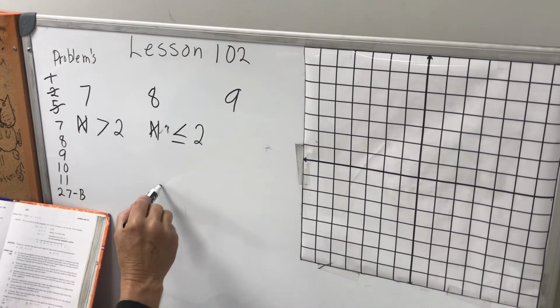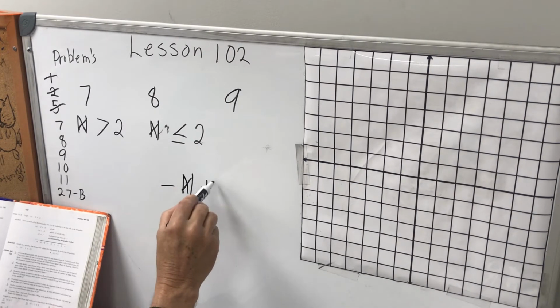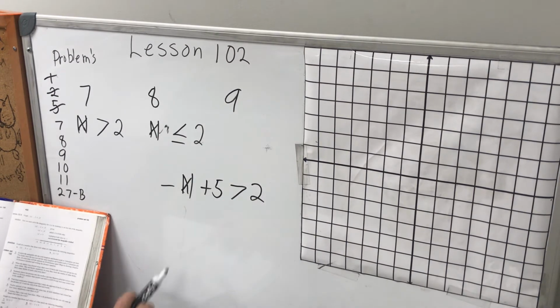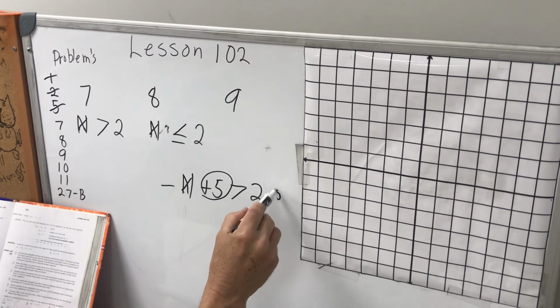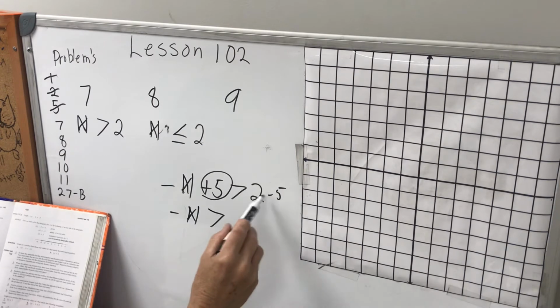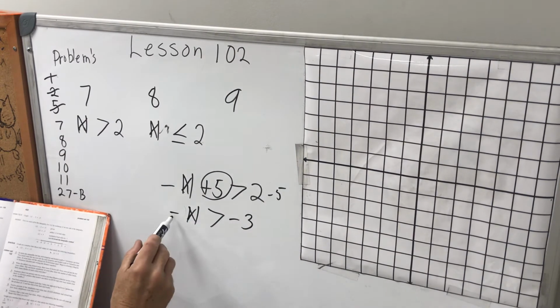This is the original, +5 and a 2. Okay, let's just do it step by step. First off, let's put the +5 on the other side. It becomes a -5, so now I have a -3. Is that understandable? But I still have this negative sign here.